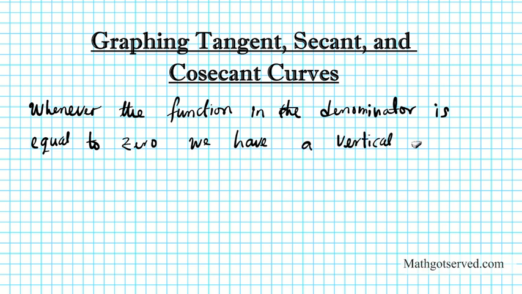A vertical asymptote. So that will be the main focus of today's problem. It will be where are the vertical asymptotes, and that's basically what's going to determine how we construct our graph, okay?